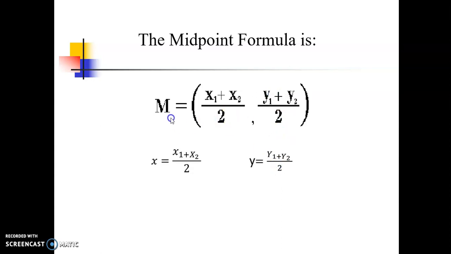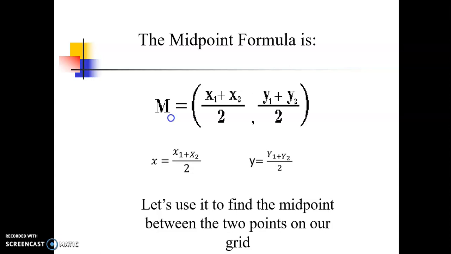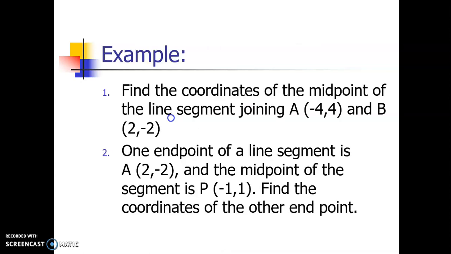So, tandaan po yung midpoint formula. Magbigay tayo ng example. Let's use it to find the midpoint between the 2 points on our grid. Example number 1: find the coordinates of the midpoint of the line segment joining point A, negative 4 and 4, and point B, 2 and negative 2.